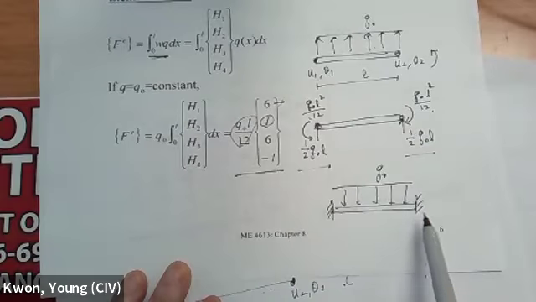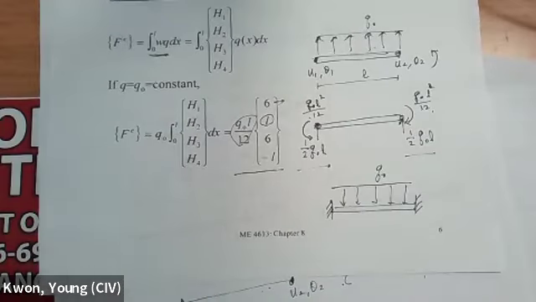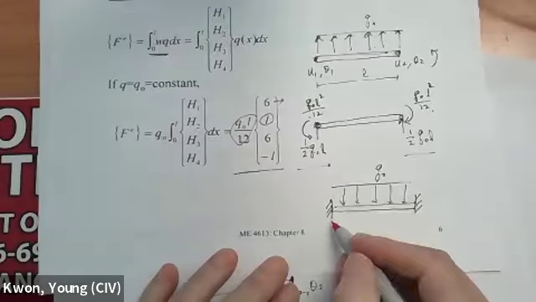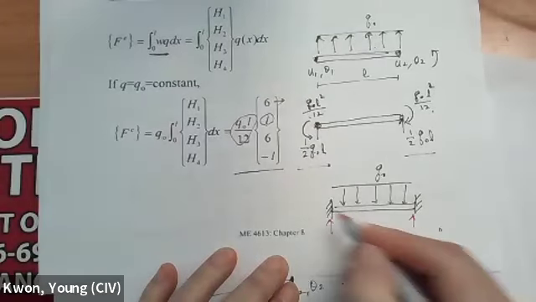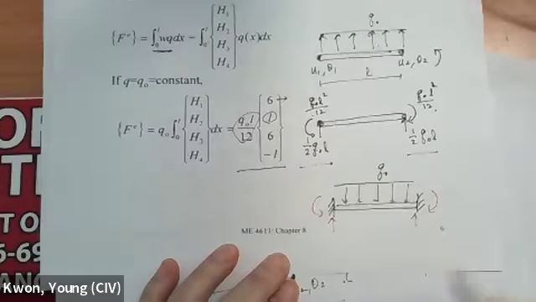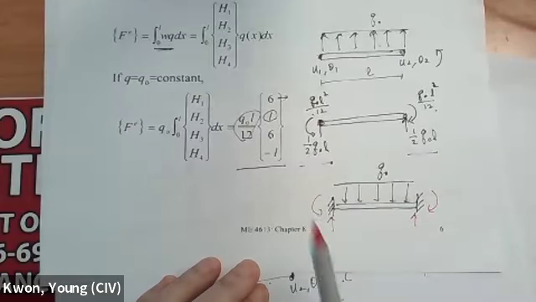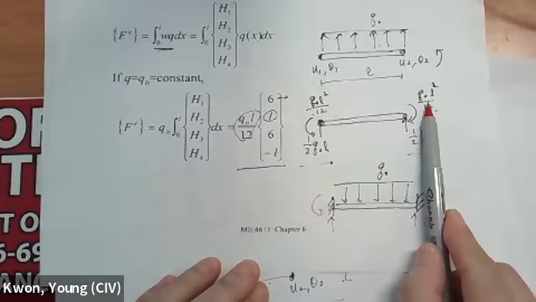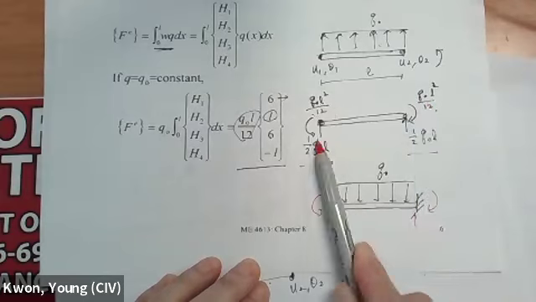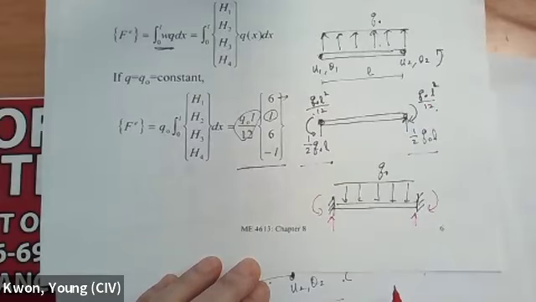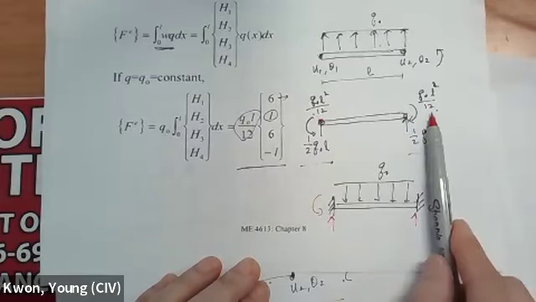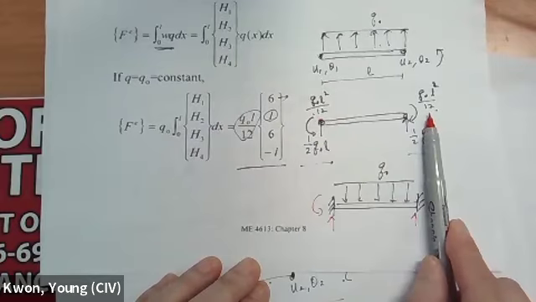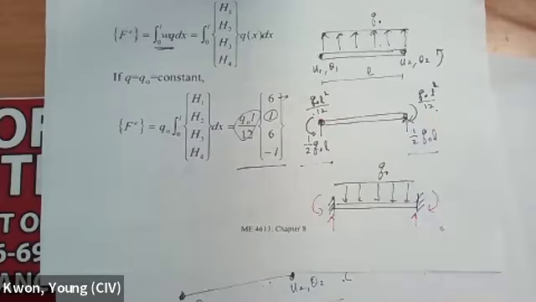Because you have an extra support. If you solve that, the reaction force and the reaction moment, that is exactly the same as this. Exactly the same as that one. So it's not arbitrary, right?